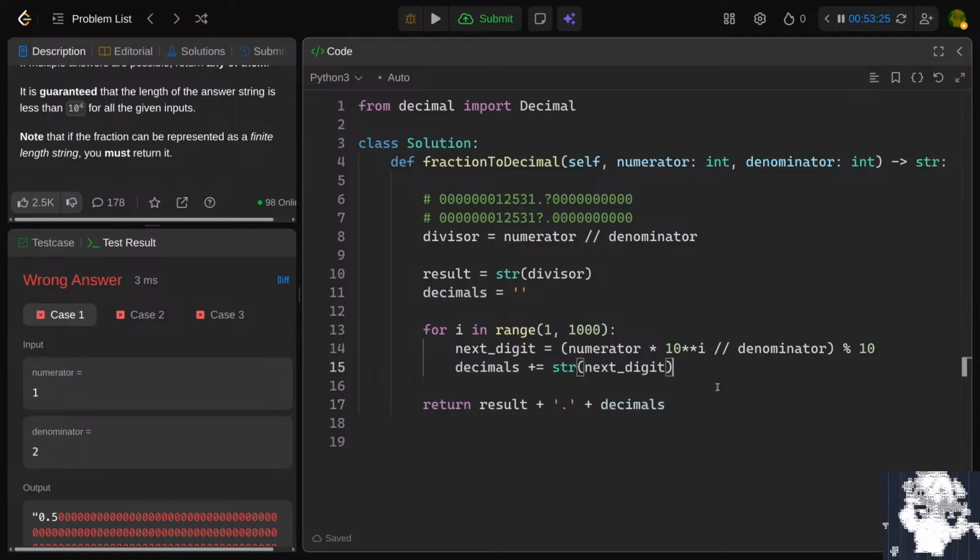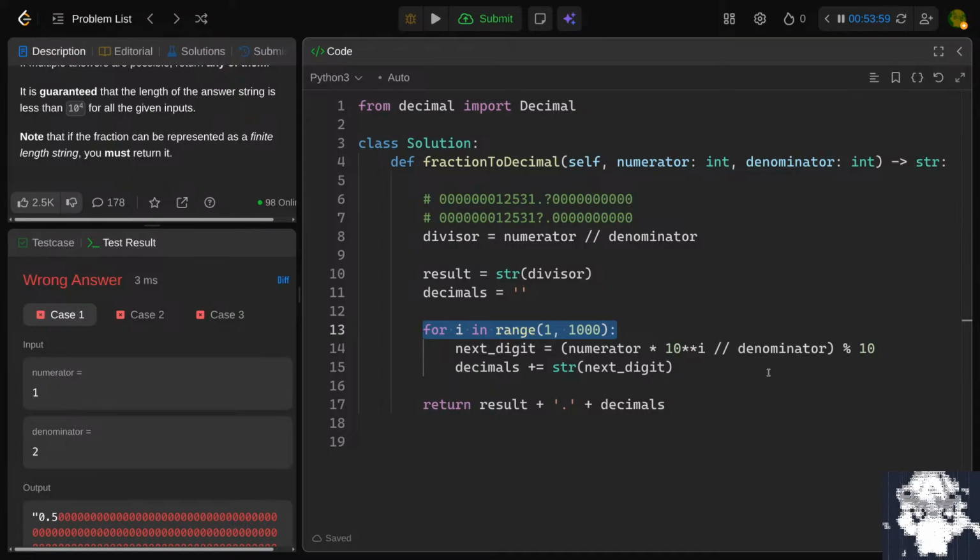So where do we go from here? The thing I'm trying to think of is, instead of recalculating it from scratch, I want to know when I don't need to keep going. I want to know what the pattern is going to be.